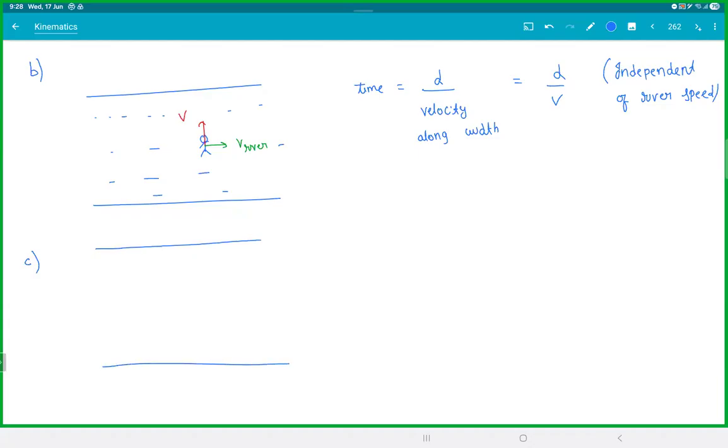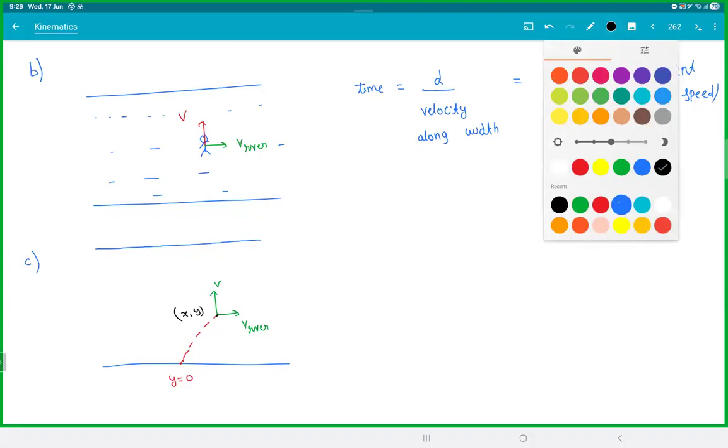Now, how is he going? We don't know. That is the first thing. So maybe he's going something like there, some weird path. Let him go however he wants. So at that instant, if you look at the velocities, he's trying to go straight with v, and this is your v river. Let the coordinates of this point be x comma y.